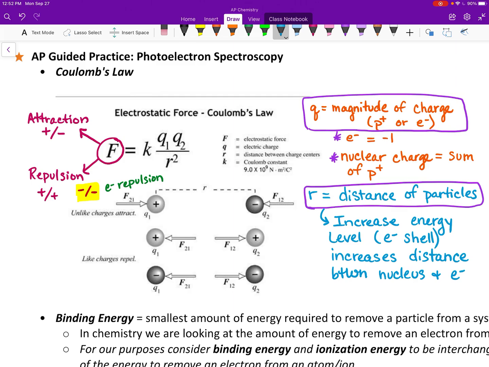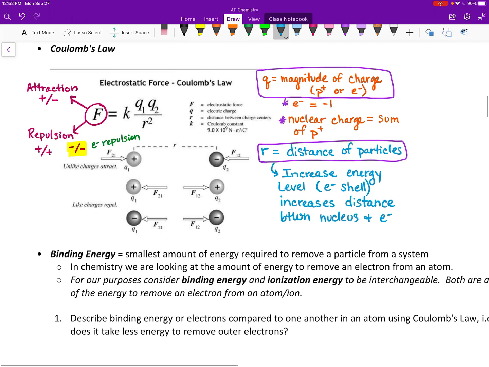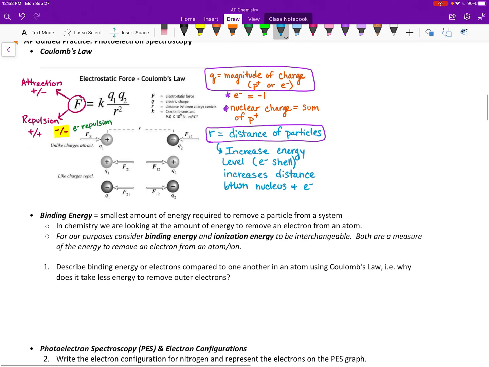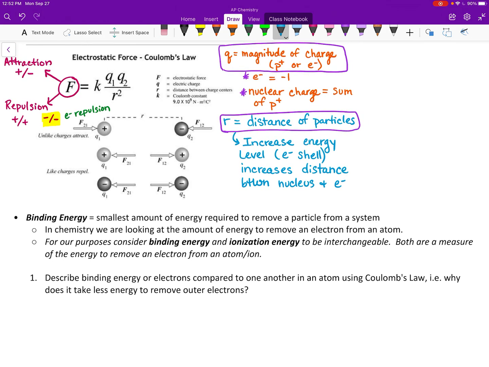We're going to take a look at some photoelectron spectroscopy graphs, PES graphs. A lot of times these graphs are going to have something called binding energy as the x-axis. One thing to keep in mind with binding energy is that it is the energy required to remove a particle from a system, and for us specifically, it's the energy to remove an electron.